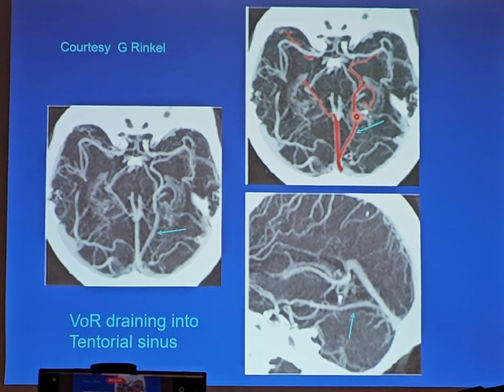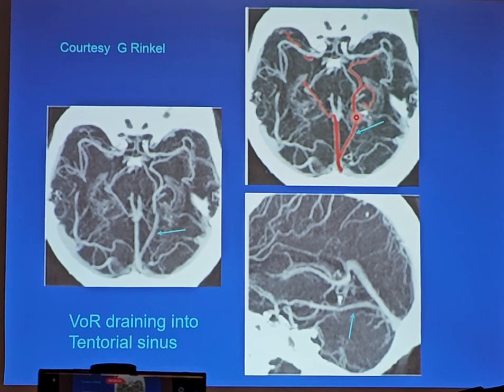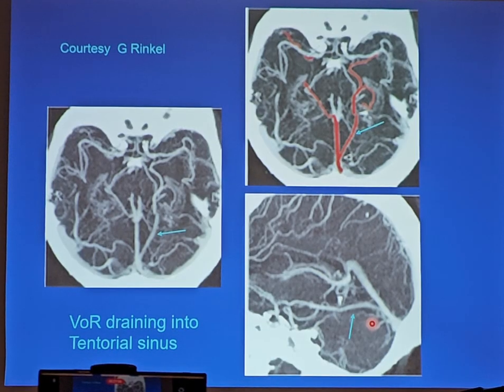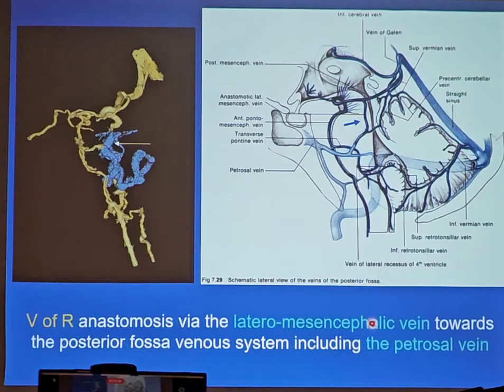So venous anomalies perhaps could be related in some way to perimesencephalic bleeds in the region. Again, you see this outward bowing tentorial sinus, this upward bowing on the sagittal view, typical for a persistent tentorial sinus draining the vein of Rosenthal.